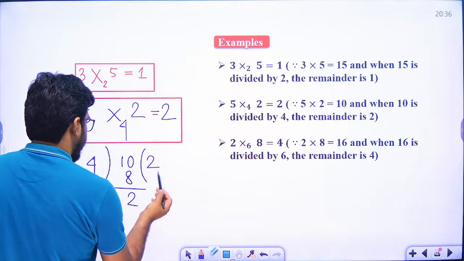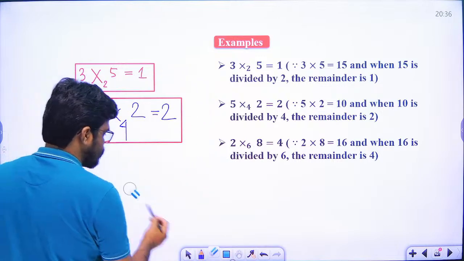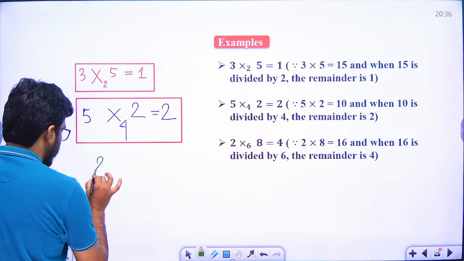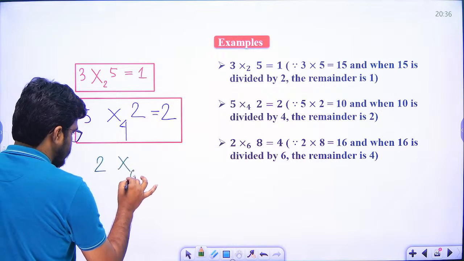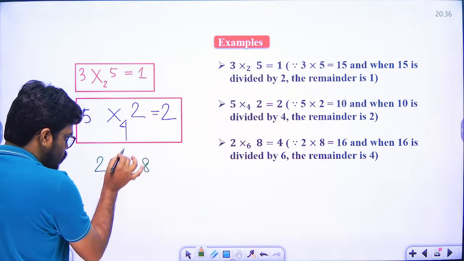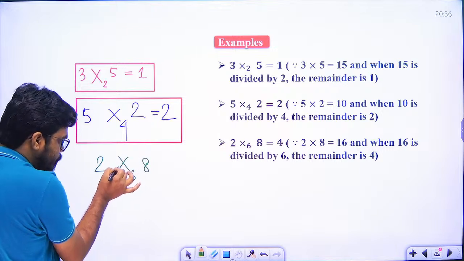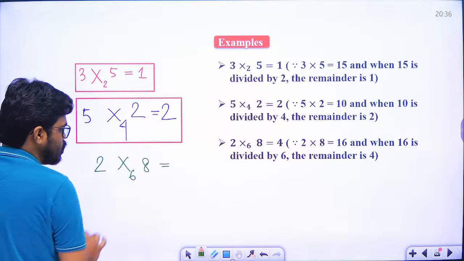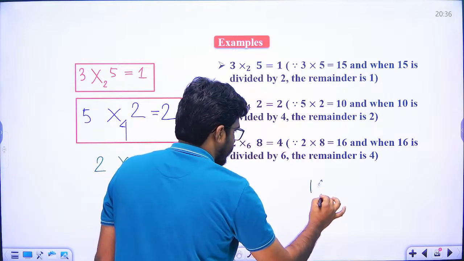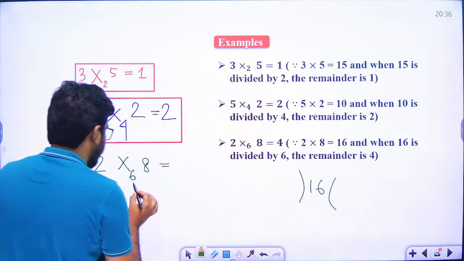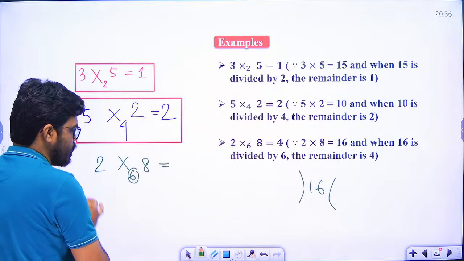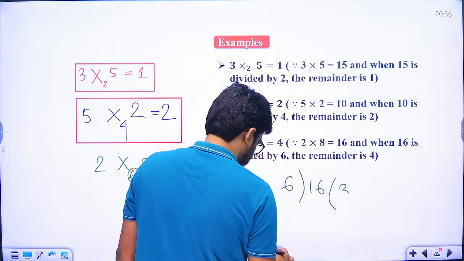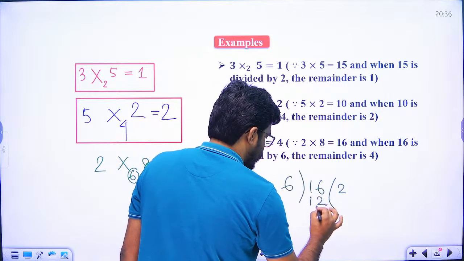Let us consider another example. Suppose 2 multiplication modulo 6 with 8. What do we get? 2 into 8 is 16. We divide 16 by 6. 6 times 2 is 12, what is the remainder?